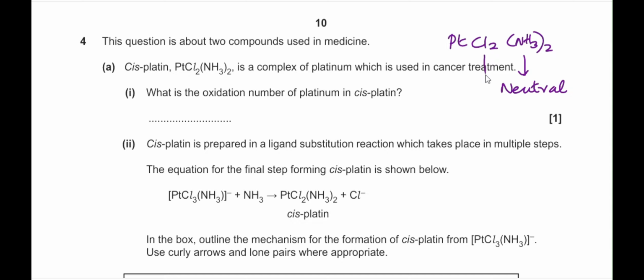But these Cl2 are 2 chloride ligands. Each of them has got a charge of -1. So -1 times 2 is -2. And the overall charge of this is 0. This complex is neutral. Hence, you can deduce that platinum must be +2.